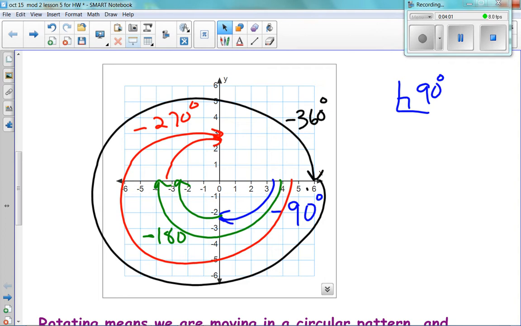Notice when we make the 360 degree rotation, we're making a circle. A circle is 360 degrees. So when you go in a counterclockwise direction to the left, you're rotating positive degrees. When you move in a clockwise direction to the right, you're moving negative degrees.